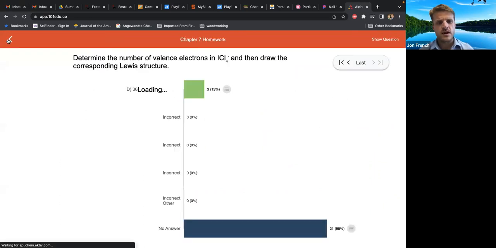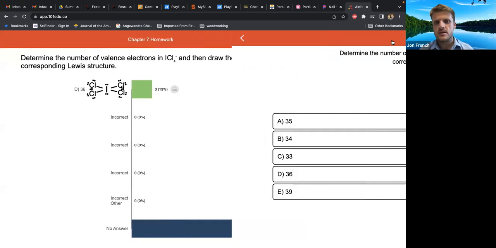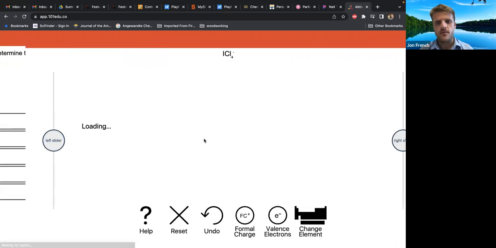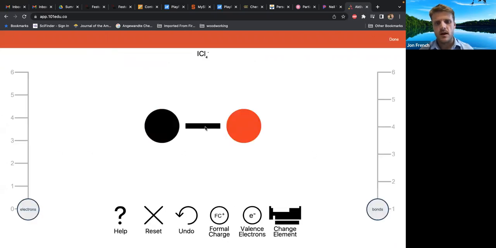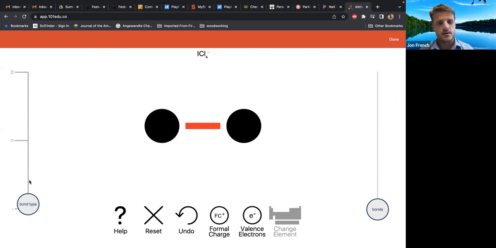I think one more thing I didn't get to would be how to form double bonds. To do a double bond, if I just click on that bond, I can go from single to double, and to triple bond as well. That was one last feature that I don't know if it's come up or not.